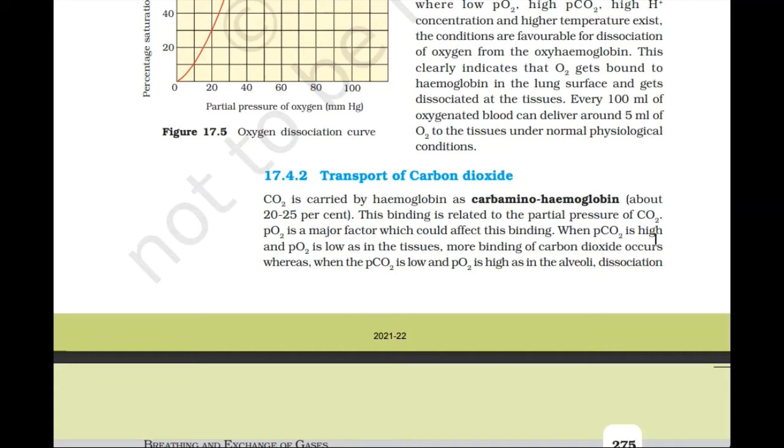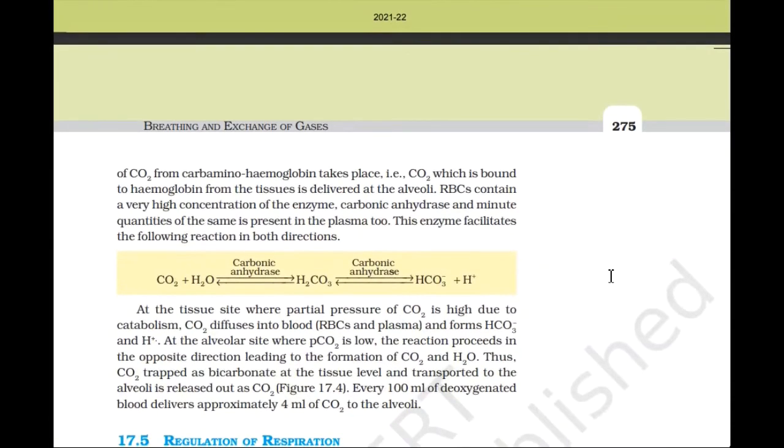When pCO2 is high and pO2 is low, as in the tissue, more binding of carbon dioxide occurs, whereas when the pCO2 is low and pO2 is high, as in alveoli, dissociation of CO2 from carbaminohemoglobin takes place. That is, CO2 which is bound to hemoglobin from the tissue is delivered at the alveoli.